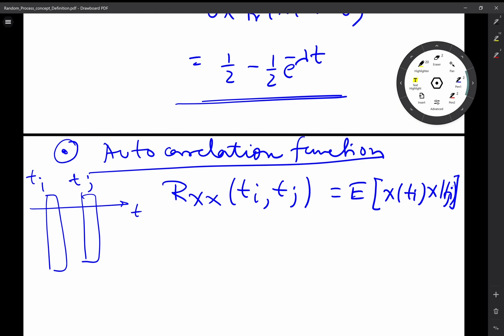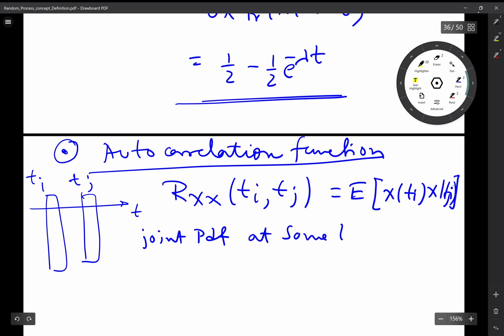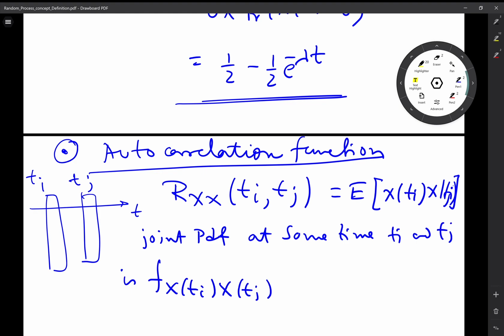So let's write the joint PDF at some times ti and tj as f of X(ti), X(tj), with x1 and x2, because these are the two variables.